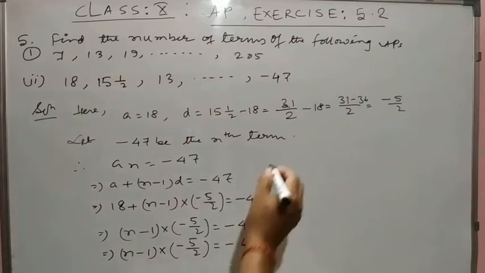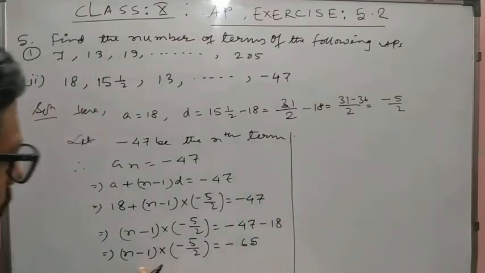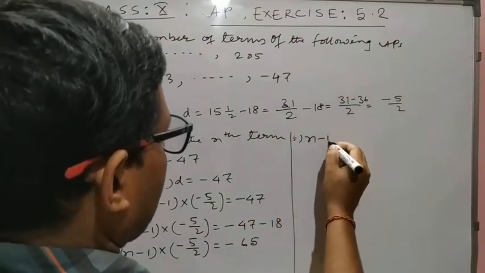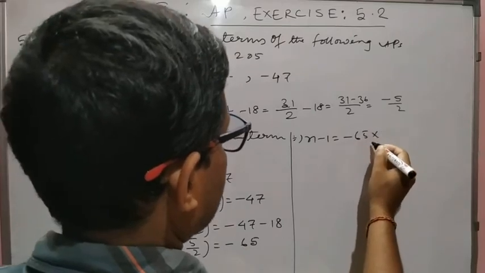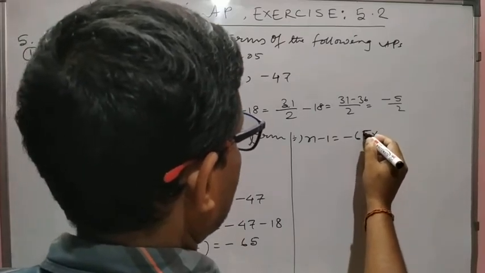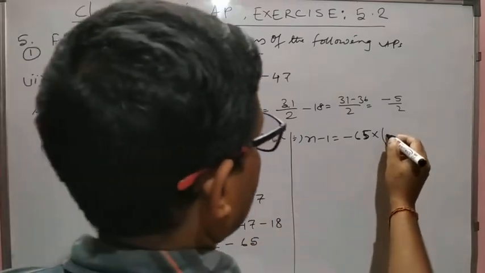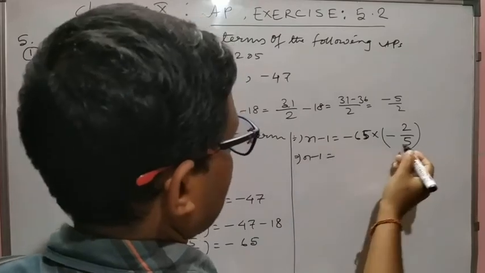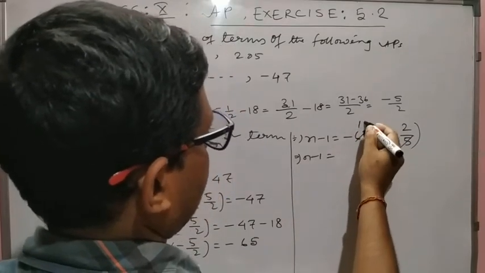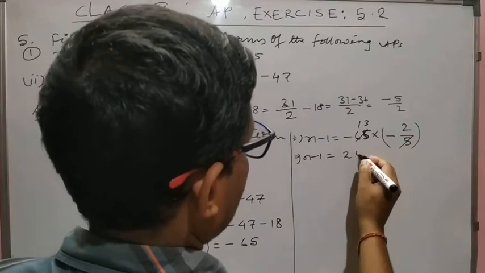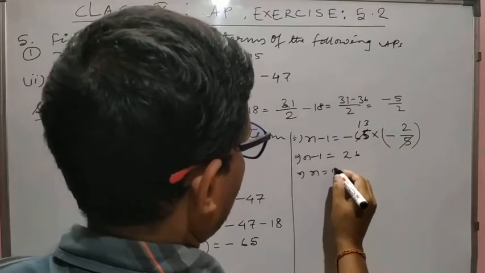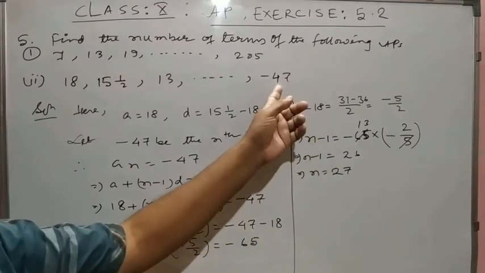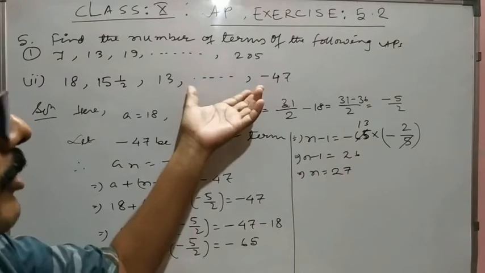Now transfer this minus 5 by 2 that side: n minus 1 equal to minus 65 into minus 2 by 5. So 5 cancels, 13 into 2 is 26, n minus 1 equal to 26. So n equal to 27. N equal to 27, that means minus 47 is the 27th term of this AP.